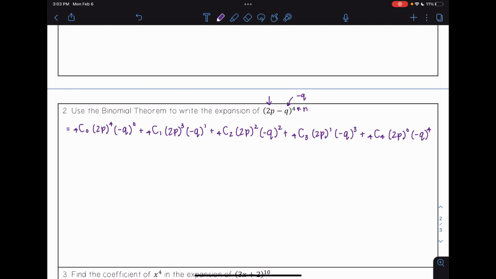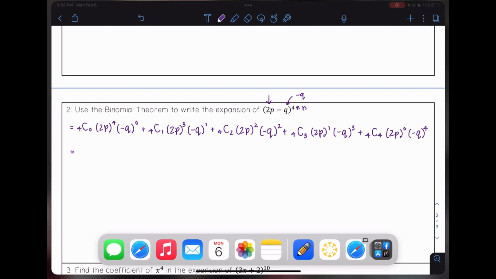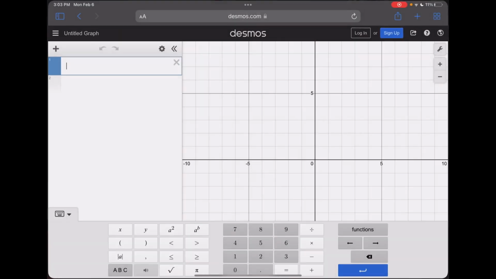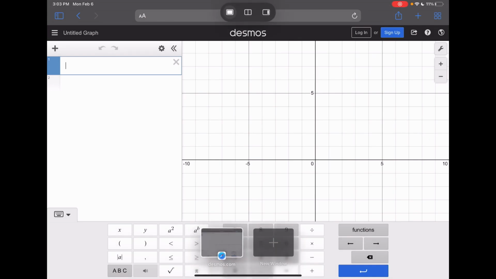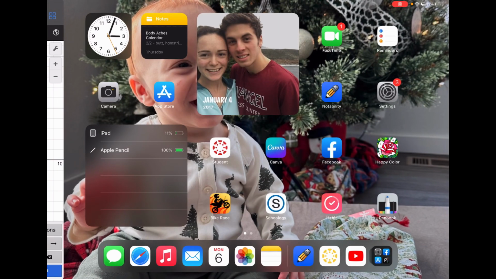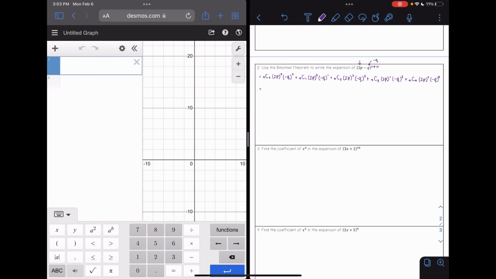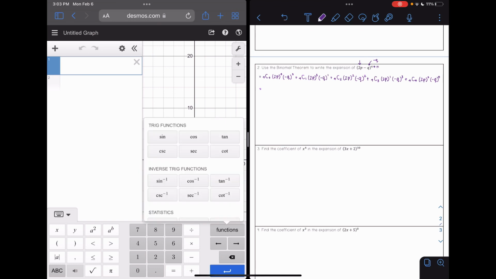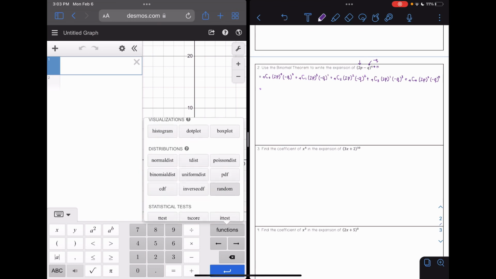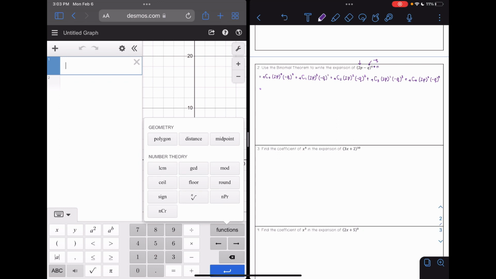Now we need to go ahead and simplify all this out. So for 4c0, you can actually use Desmos to answer your combination questions. One way you can do that is if you go to desmos.com and you go to functions, you scroll all the way down, you see nPr and nCr.